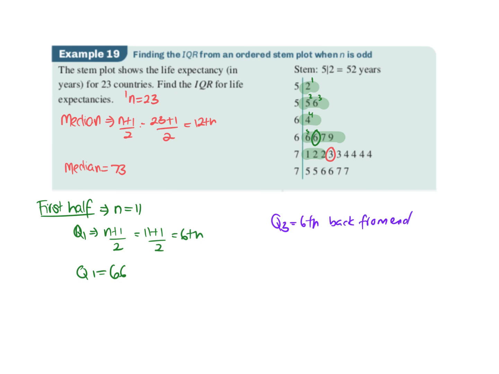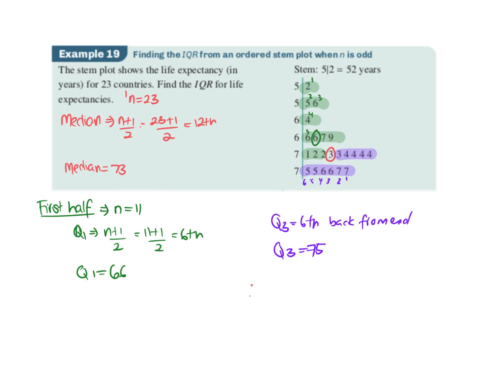Now remember Q3, I'm just going to go the 6th back from the end because I've already worked that out. So I'll just go of the second half. So remember this is the second half, but you're going back from the end. So 1, 2, 3, 4, 5, 6. So Q3 equals 75.